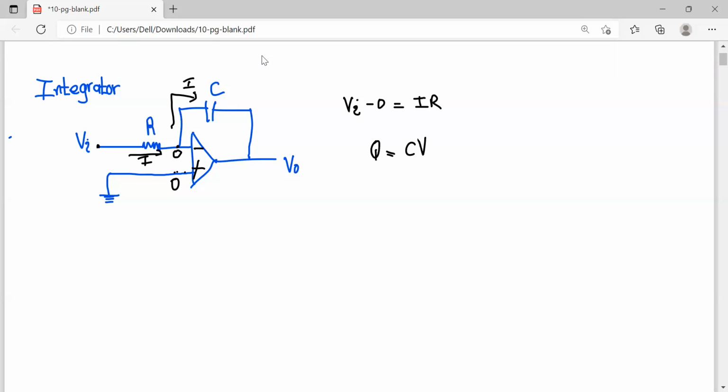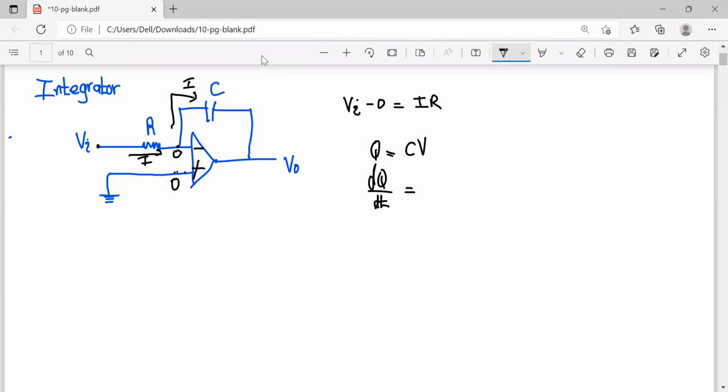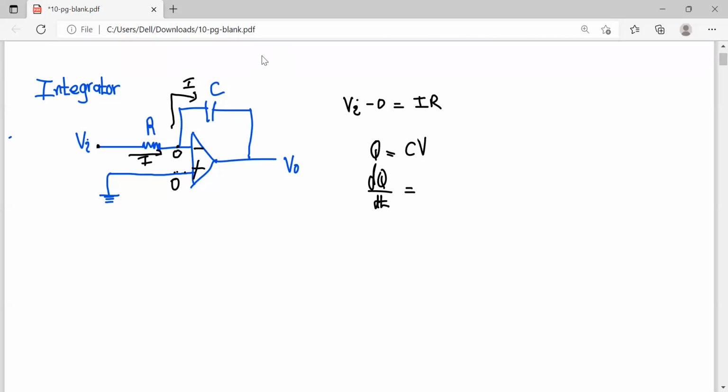If you differentiate this equation with respect to t, the reason is here we don't need the charge. Instead of that, we are going to change this charge like this, dq by dt. We are going to differentiate that. As we all know, dq by dt is the current across this capacitor.